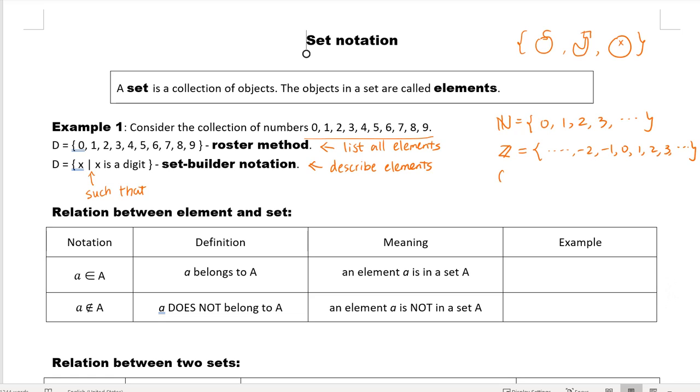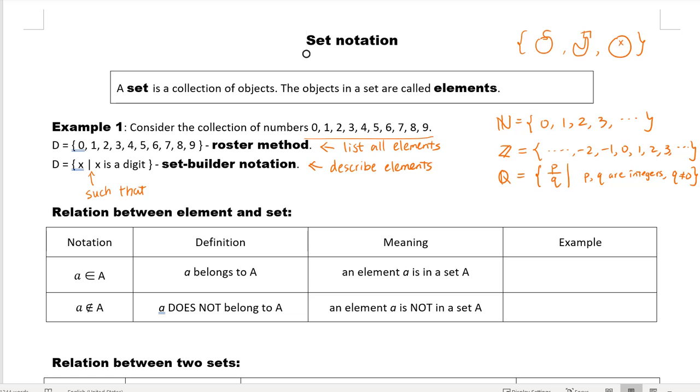Then we have the rational numbers. They are p over q, such that p and q are integers, and the denominator q cannot be 0. So this is set builder notation.